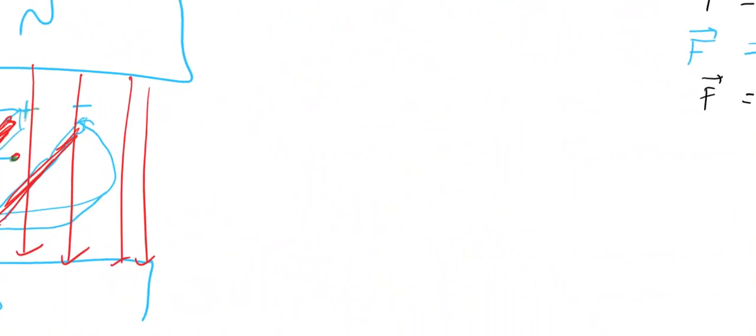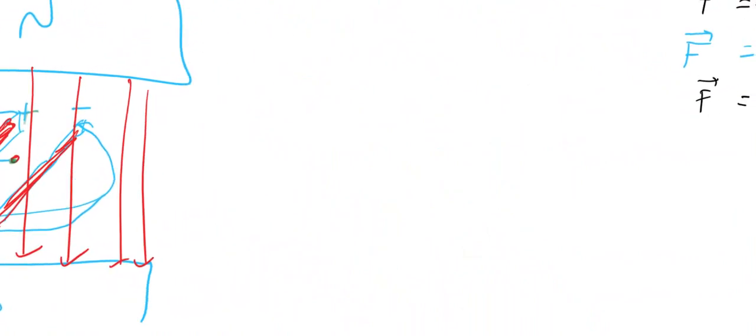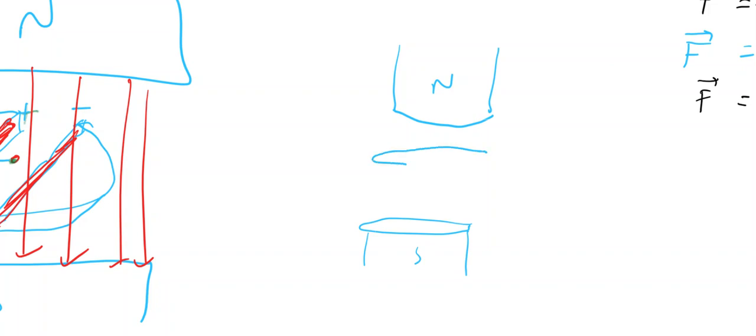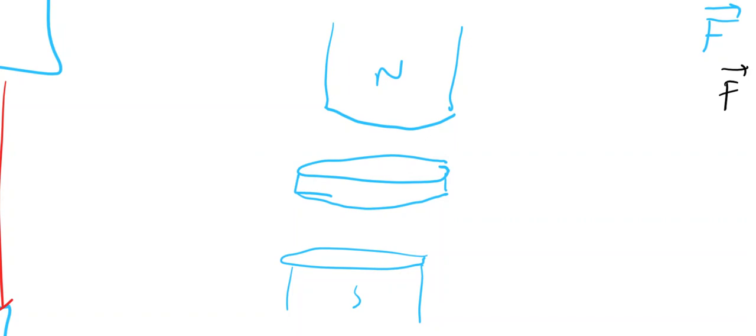Let me draw the figure again so that I can explain in a better way. So you have a north pole, and say a south pole here. In the middle region you have magnetic field, and then what we do is, this is the assembly.